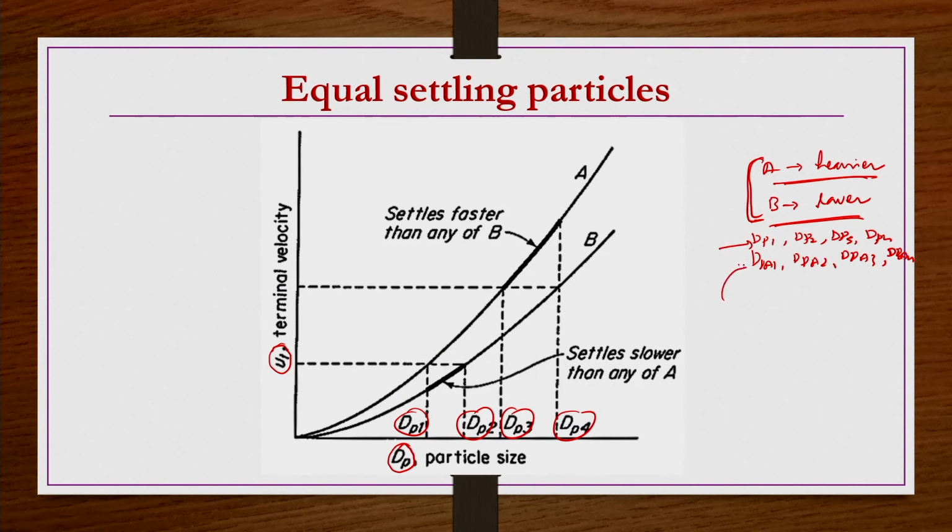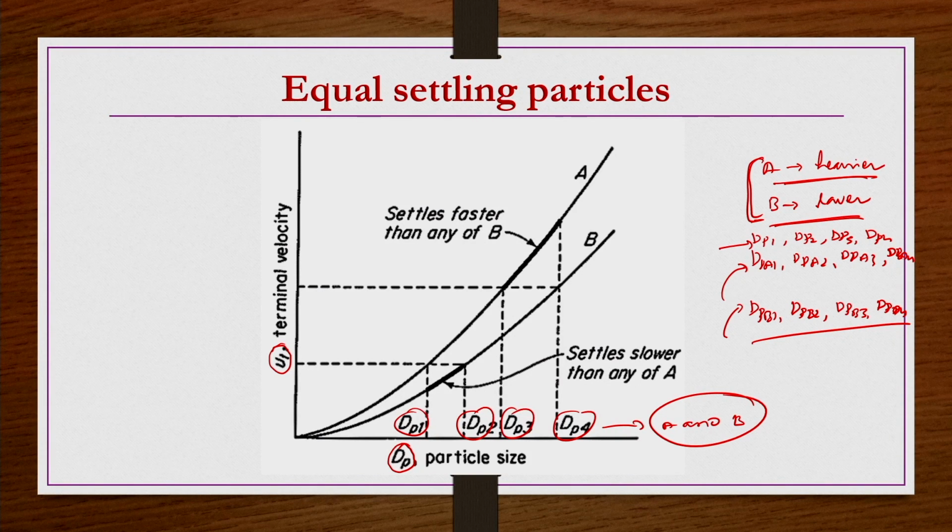They are valid for both A and B: B also has this wide range of particle sizes. Both A and B type particles have a wide distribution from dp1 to dp4. It is not that they are valid only for A or B; both A and B have a wide range of particle size distribution varying from dp1 to dp4.